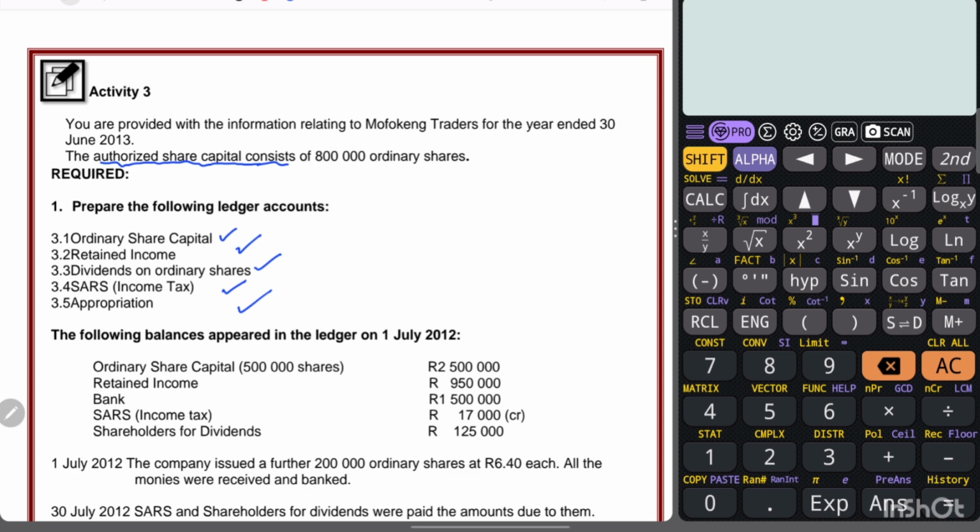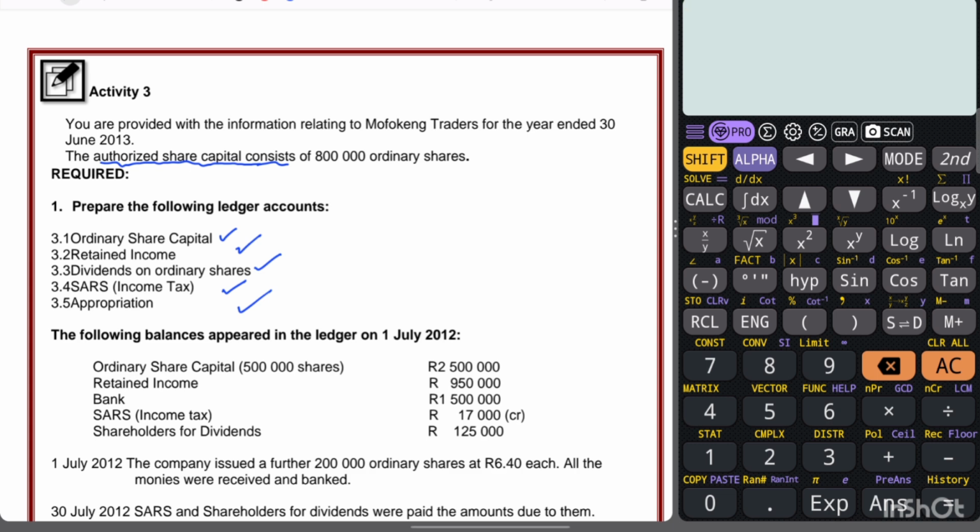We all know the meaning of authorized shares. When we talk about authorized shares, it is the maximum number of shares the company is allowed to sell or to issue. All right.